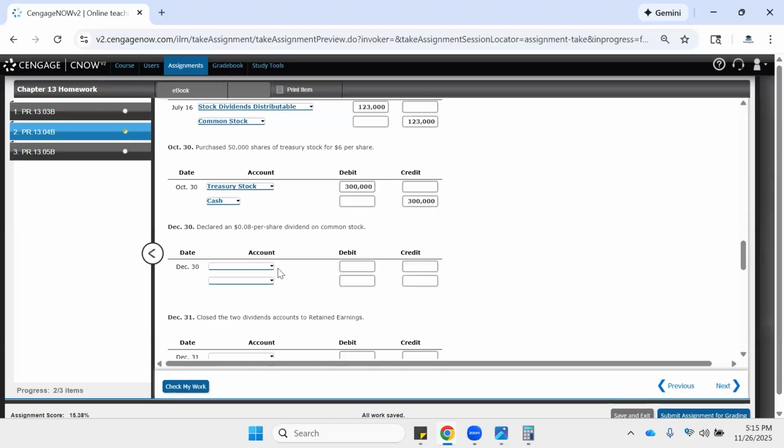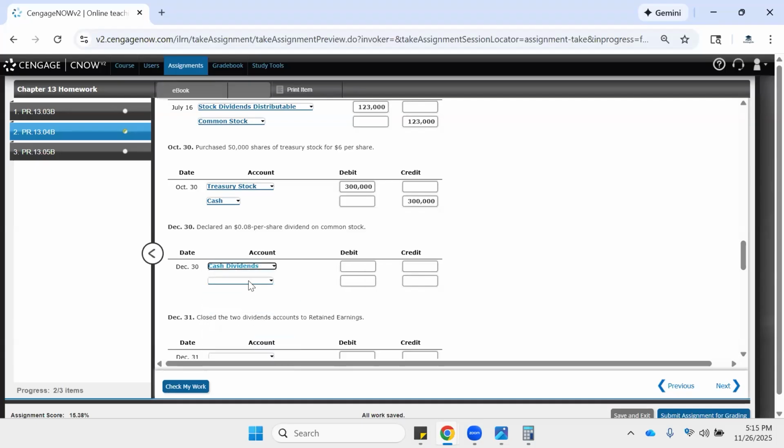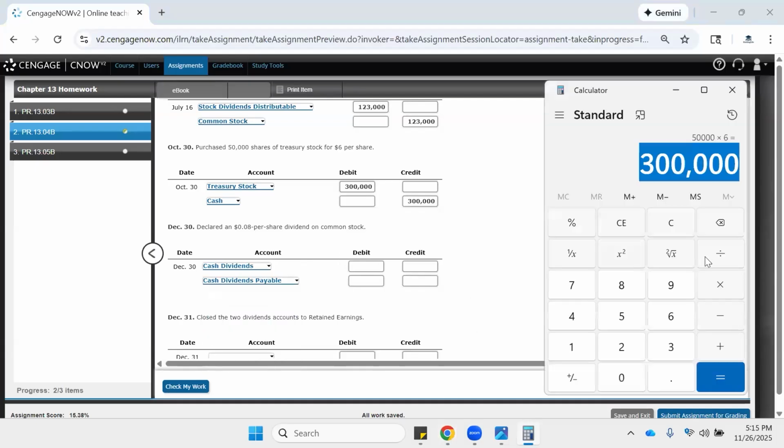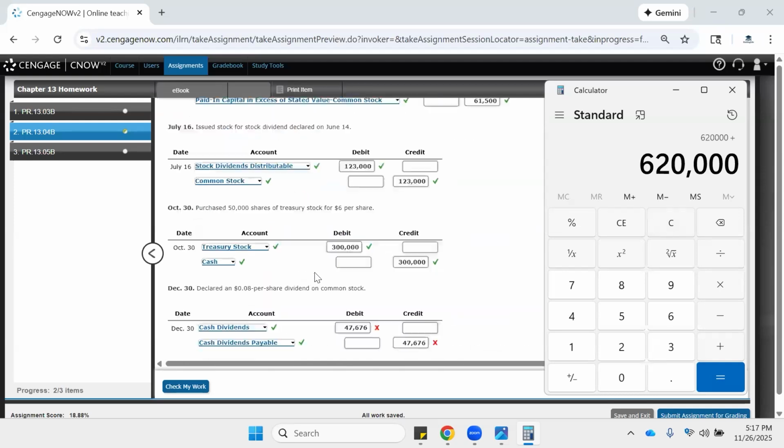Next, we declare an 8-cent dividend per share on common stock. And we're going to need to debit cash dividends and credit cash dividends payable. We only pay dividends on the amount of shares outstanding. We had 620,000 shares initially, because we don't count the treasury stock that we initially purchased back.